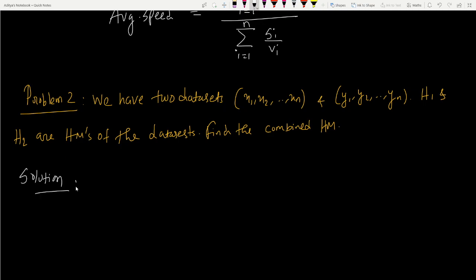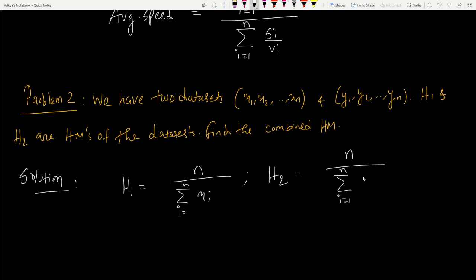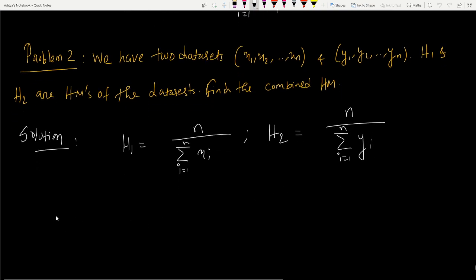So first we need to understand what H1 and H2 are. H1 is defined as n by summation of i equals 1 to n of 1 by xi, right? Similarly, H2 can be defined as n by summation of i equals 1 to n of 1 by yi.